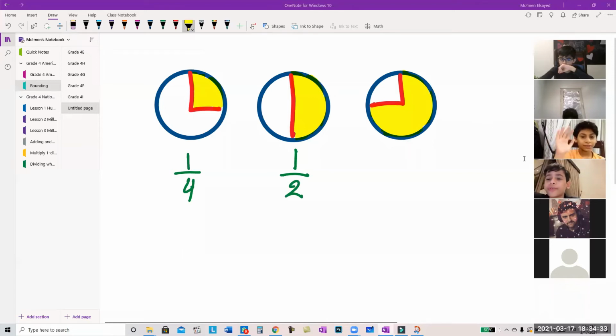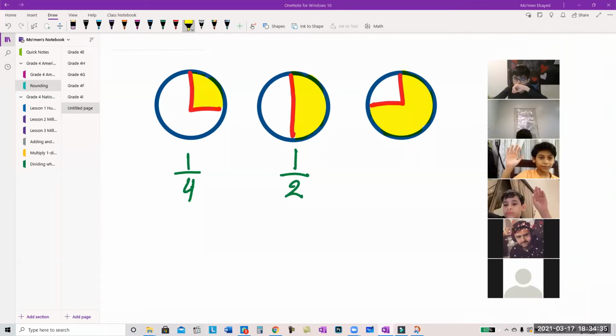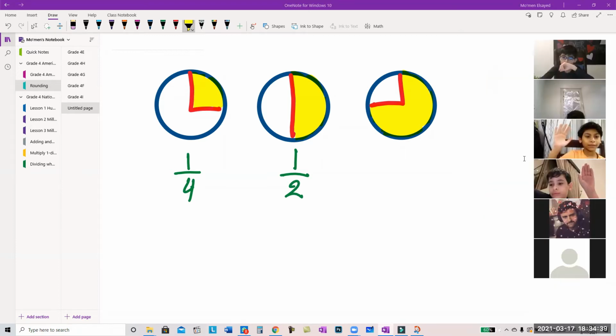Yes, Ali. It is 3 over 4. Yeah, 3 over 4, 3 quarters. So those are the common fractions we're gonna use today, okay?